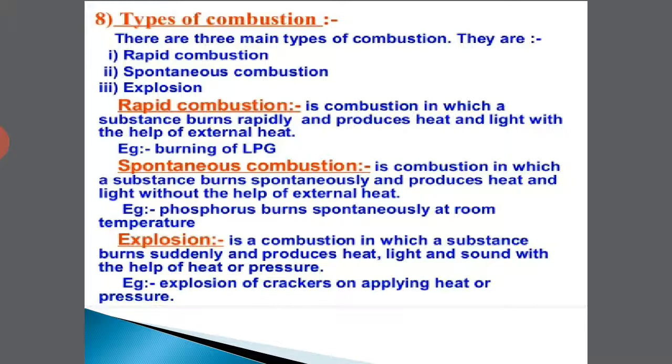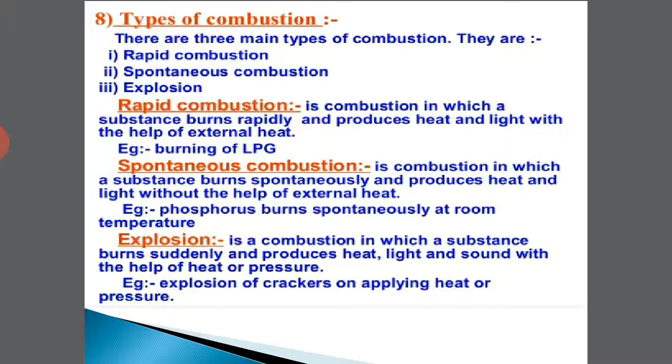Next is the third type of combustion. It is explosion. It is a combustion in which a substance burns suddenly and produces heat, light, and sound with the help of heat or pressure. Explosion of crackers on applying heat or pressure. Got it?